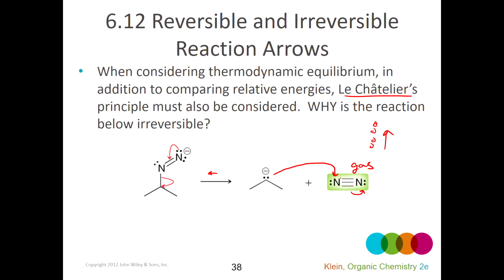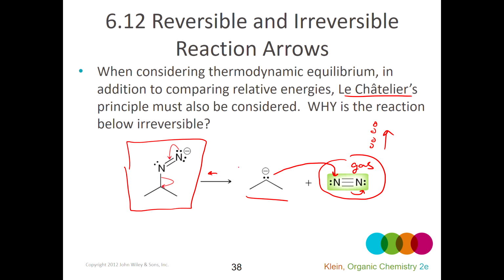It might happen once in a while, but by Le Chatelier's principle, if every time this gas forms, a little bit of it bubbles out and can't come back in, eventually that's going to cause the reaction to completely shift toward the product side. So this is a nice way we can take advantage of this to make something that normally would be unreactive compared to the product, and we can force it to produce something that's even less stable, because the reverse reaction can't happen if one of my reactants evaporates out as a gas.